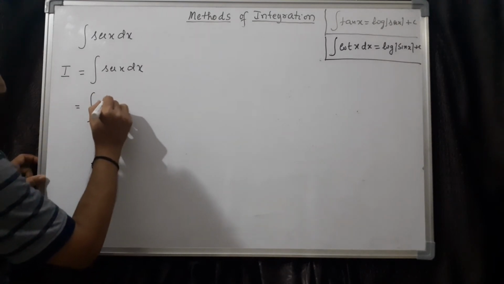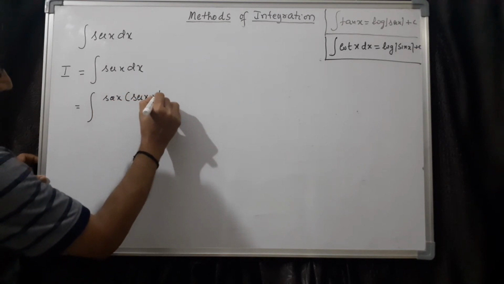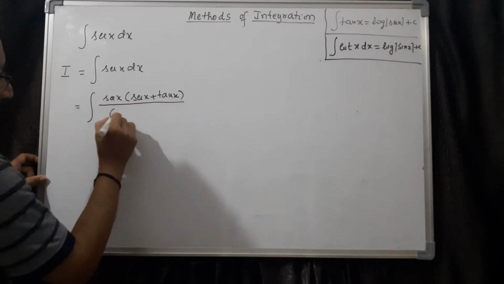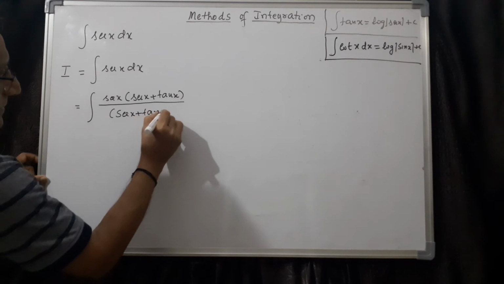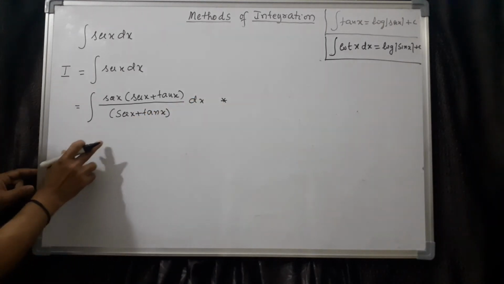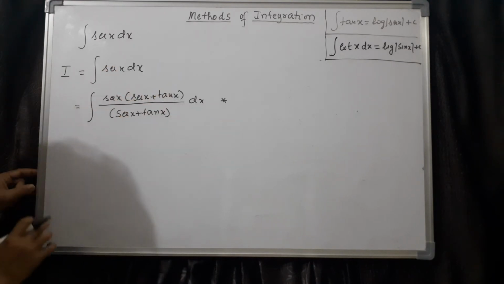Therefore here I am multiplying numerator and denominator by secant x plus tan x, multiply and divide, into dx. This is a very important step you have to remember. For the same integrand you are multiplying and dividing by secant x plus tan x.